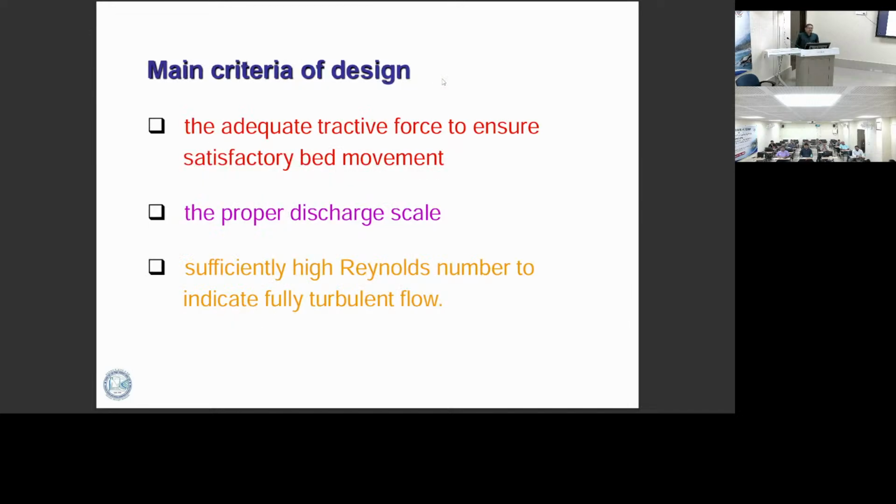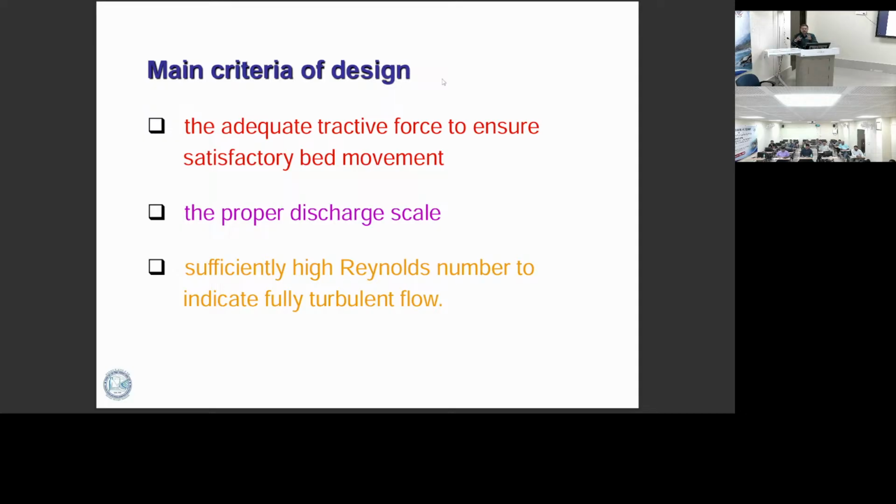The main criterion here is adequate tractive force for satisfactory bed movement. This is for the mobile bed model. For the rigid bed model, this will not have much effect because you plaster it smooth. There, Manning's roughness coefficient is to be represented properly in the model, equal to the prototype. That I will come to at a later stage.